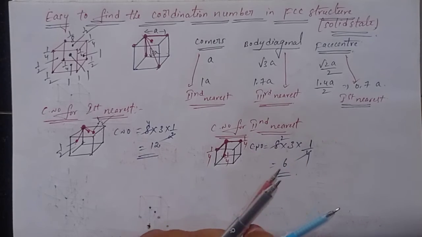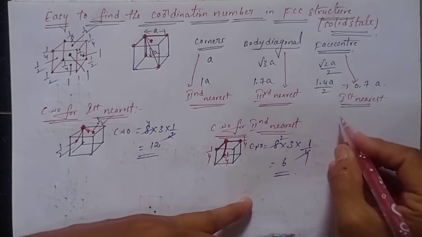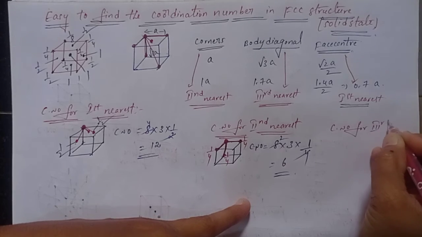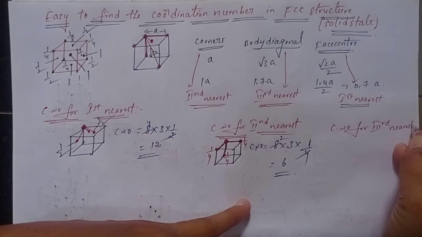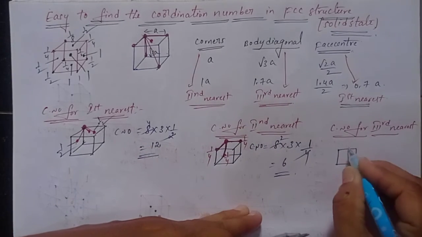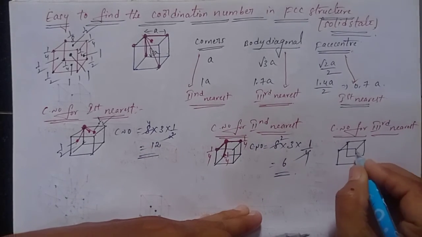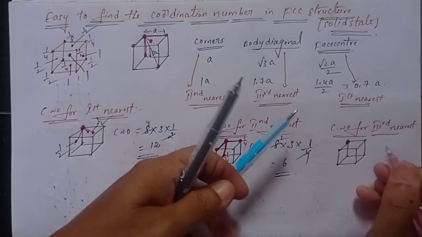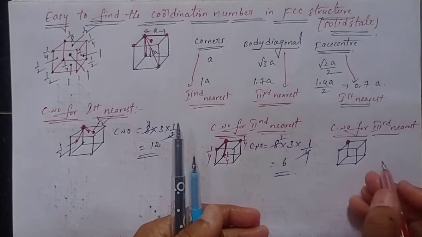Now I am going to discuss the coordination number for the third nearest. See, students, again I am taking the simple cubic unit cell. Okay, this is the considered particle. Third nearest is the body diagonal particle.